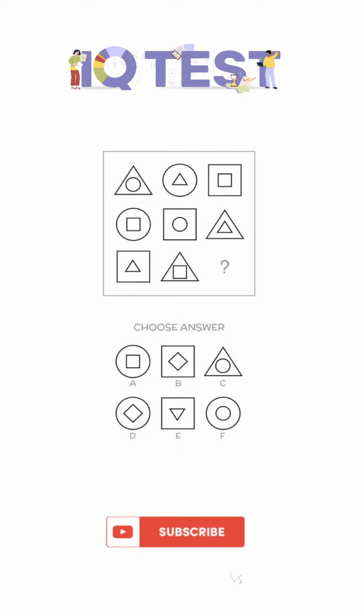Then you have a square with a circle inside. So obviously the last one will be a circle with a circle inside because we have three shapes: triangle, circle, and square. So yes, the correct answer here is F. All right. So let's have a look at the next one. Let's move on.